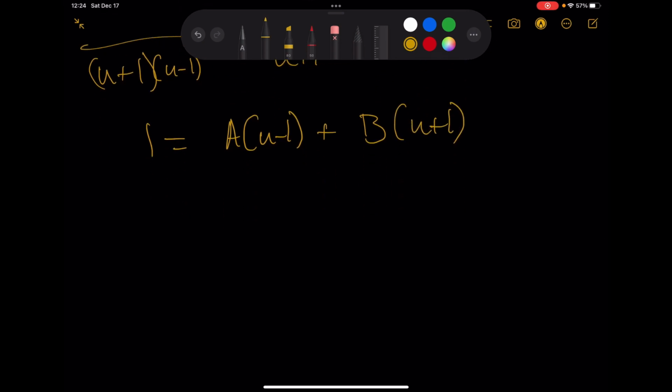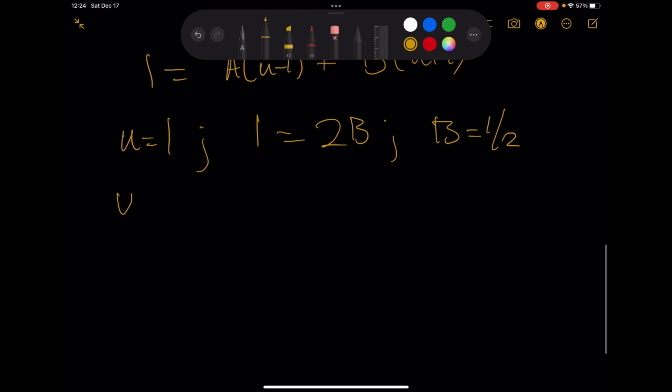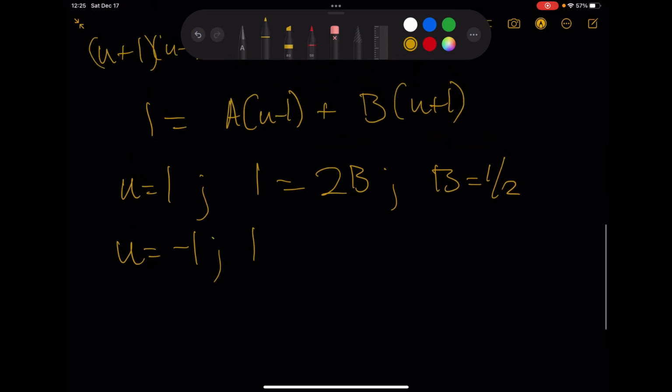If we let u equal 1, we will get 1 is equal to 2b. In other words, b equals 1/2. If we let u equal negative 1, we will get 1 is equal to negative 2a. In other words, a is equal to negative 1/2.